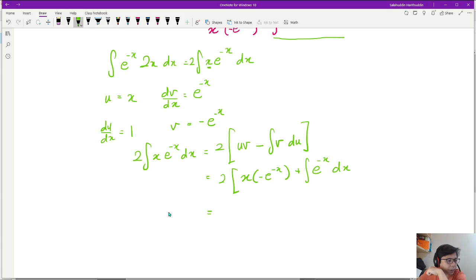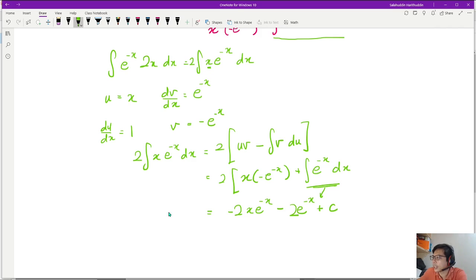So what I got here is minus 2x e to the power minus x, and that one, if we integrate that, you'll get e to the power minus x, but don't forget the 2, so that's 2 here. And don't forget the constant.